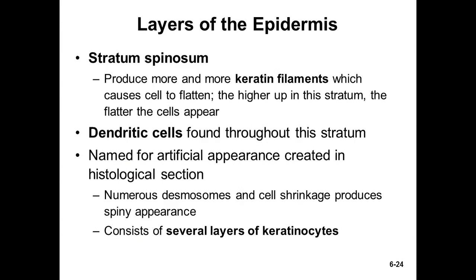The stratum spinosum, on the other hand, which is the second layer, this particular layer is susceptible to getting cancer as well. Here, that's when your keratinocytes start to get a little bit flat in this particular layer.